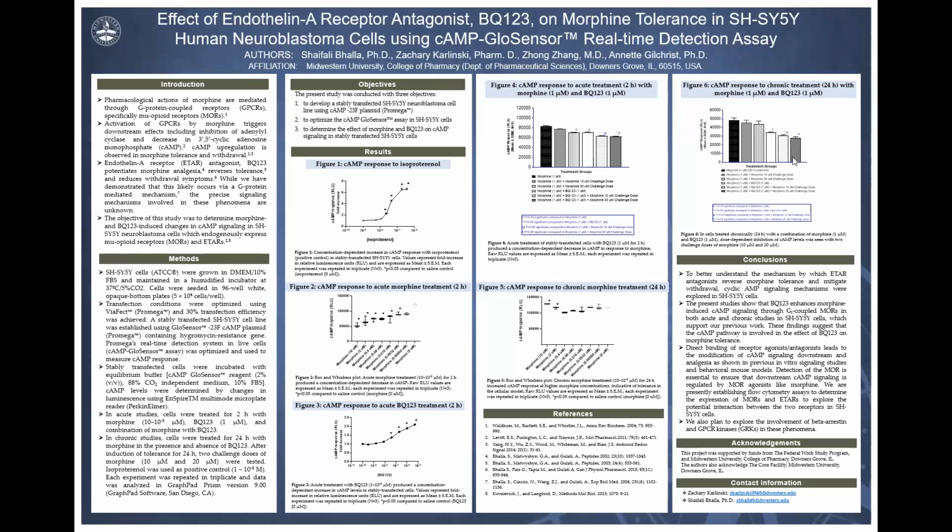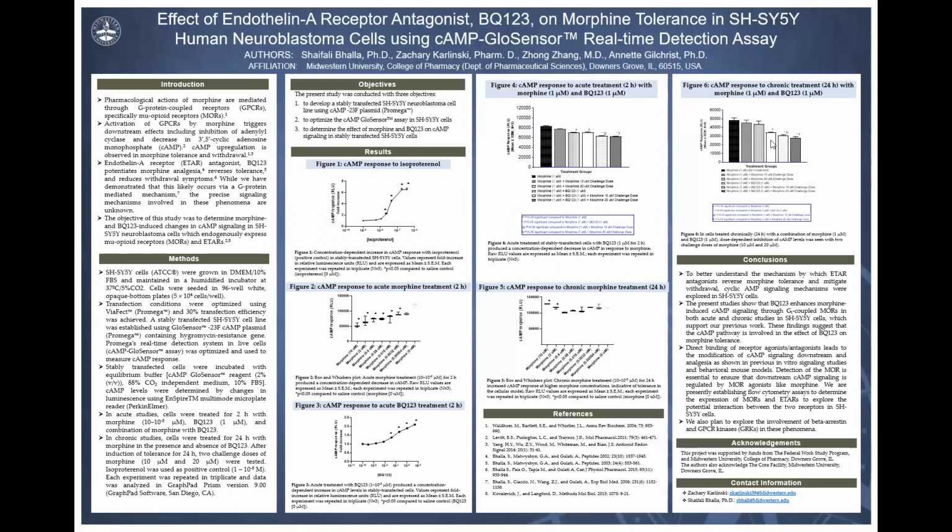And last but certainly not the least, when we co-treated the cells chronically for 24 hours with morphine as well as with BQ123, we saw a further significant decrease in these cyclic AMP levels. We were really not sure what we were going to see, and we weren't sure what to expect.